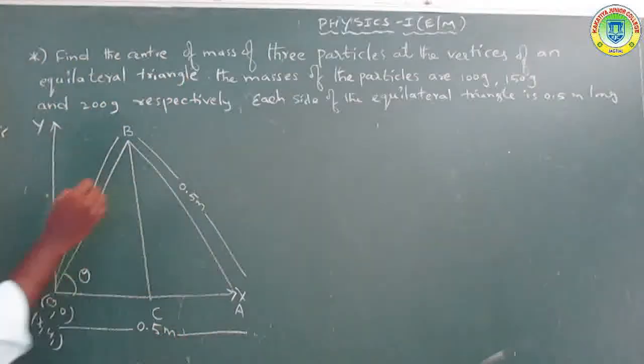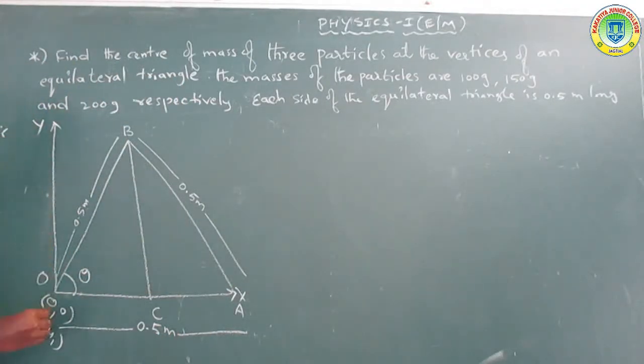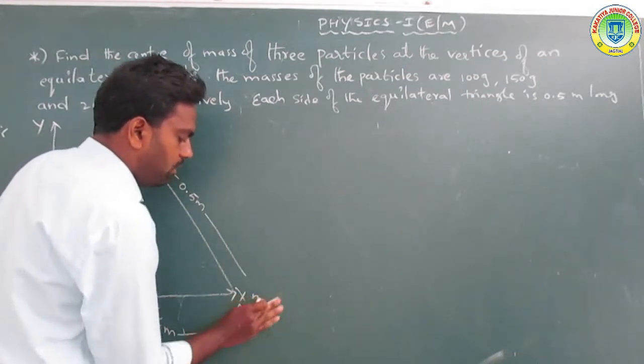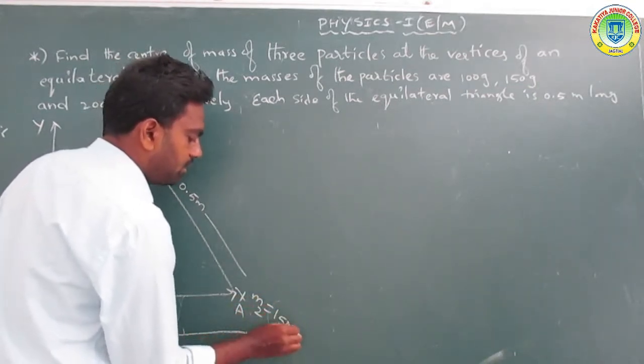Now the masses of the three particles are taken. The first one is 100 grams, called M1. Now we have taken the M2 particle, which is equal to 150 grams.